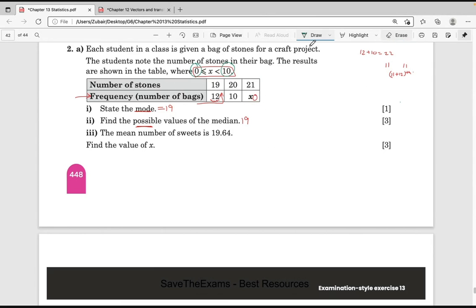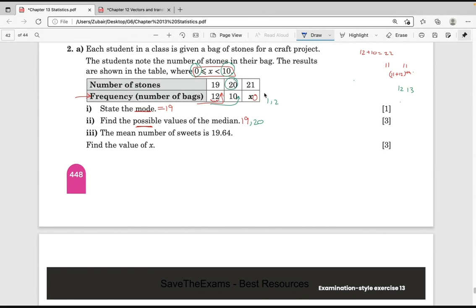Just for the sake of discussion, we already know that 11 are on this side. If this was the 12th and 13th, obviously we'll move into the next number. That means if x is like 1 or 2, we will definitely move forward and 20 will become the median.